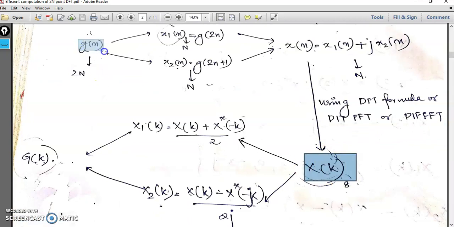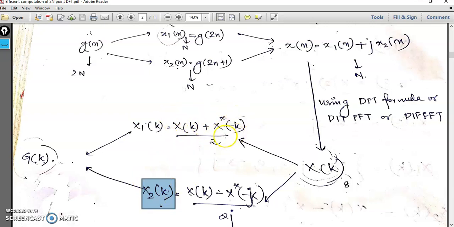Here, in this example, take g of n as a 16-point sequence. We divide into 8, so x of n has length 8. We take the DFT, so x of k has length 8. Then from x of k, you can compute the values of x1 of k and x2 of k. What process is required?